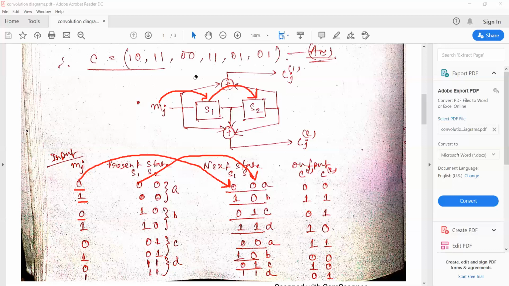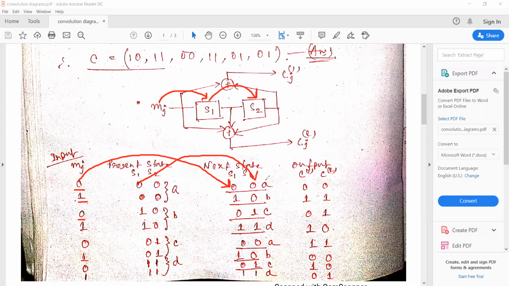Listen very carefully: we have to draw the state diagram and all three diagrams, like the state diagram, code trellis diagram, and code tree diagram. When the present state is converted to the next state, we always have to write the condition. What is the condition for this?